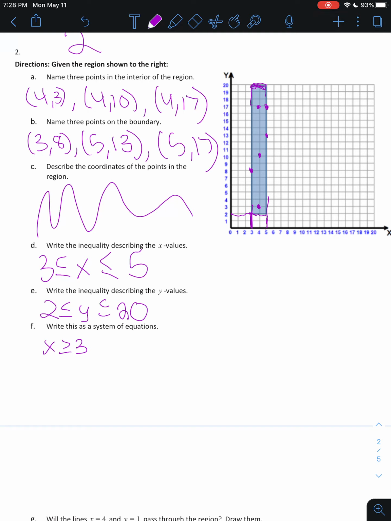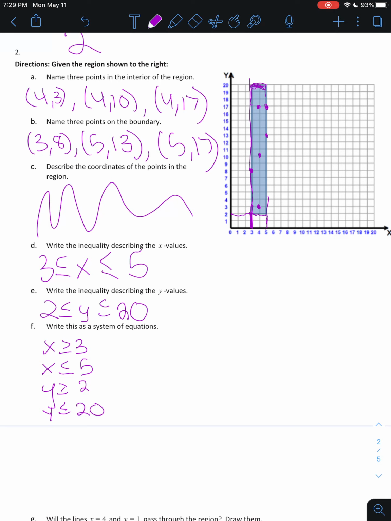So again, you would draw the line, and it's going to be anything greater than 3. But x is also going to be less than 5, right? And then again, we just do the same thing for y. y is going to be greater than 2, and y is going to be less than or equal to 20.